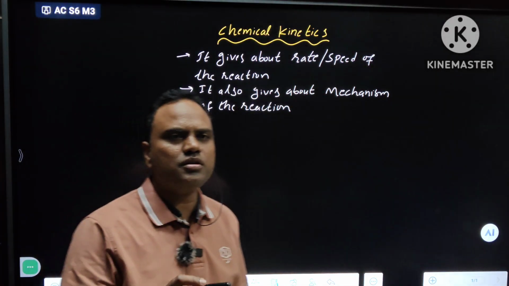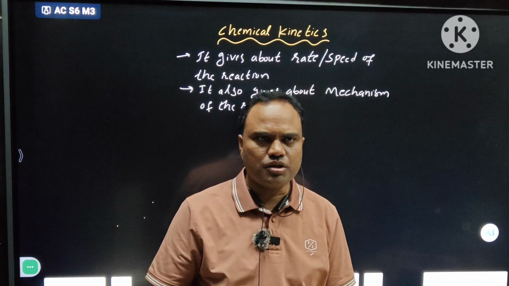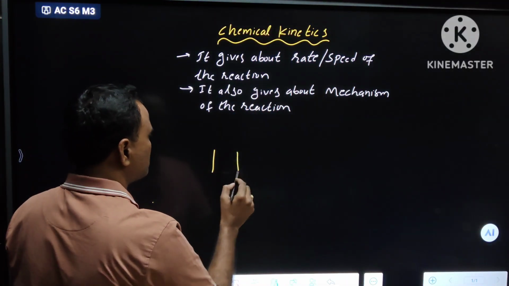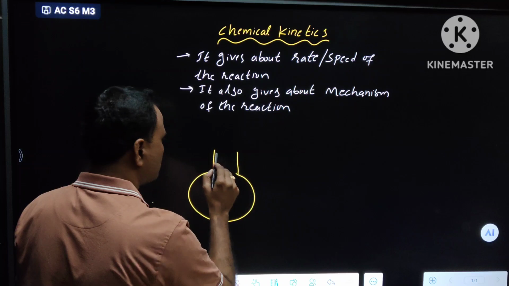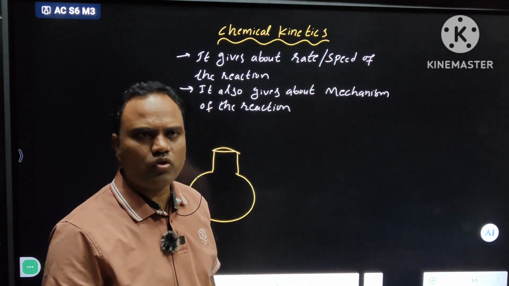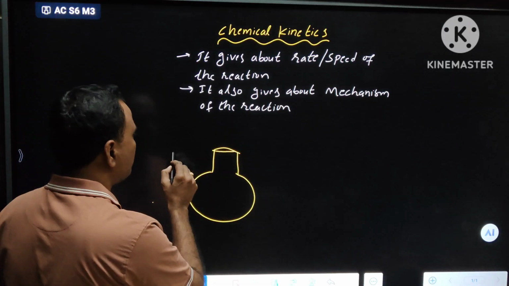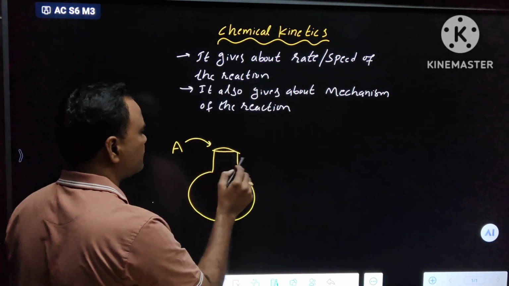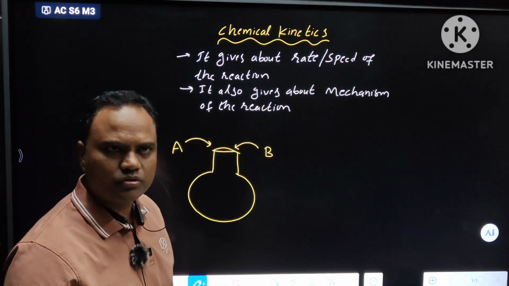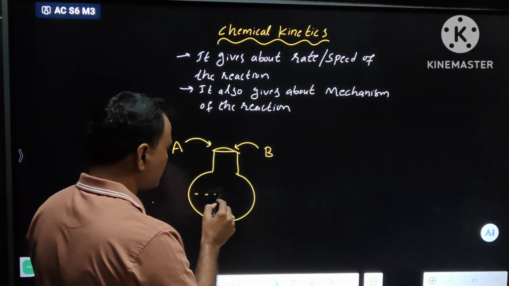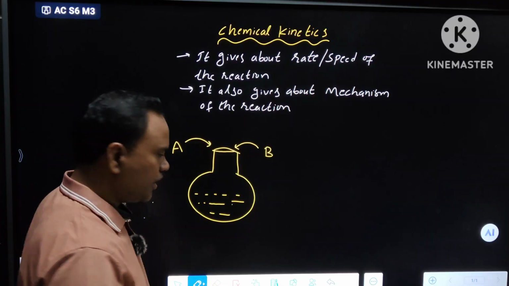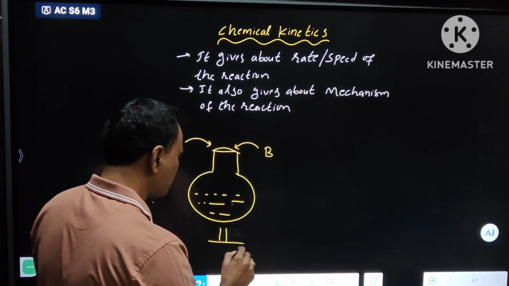Now let us take one general reaction. I am taking a round bottom flask and I am adding reactant A and reactant B to the vessel, and I am heating the vessel.